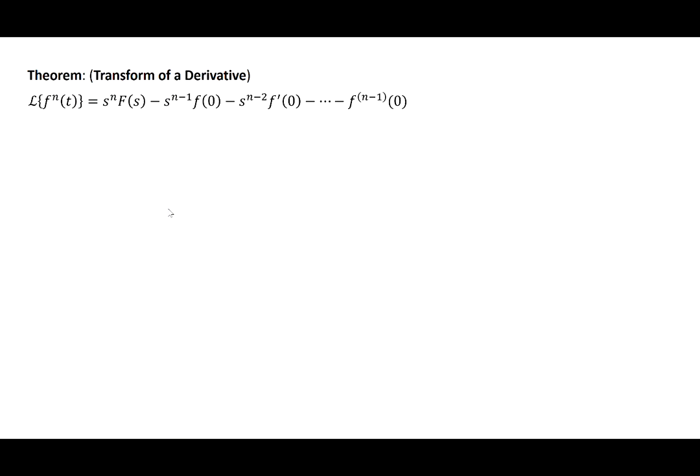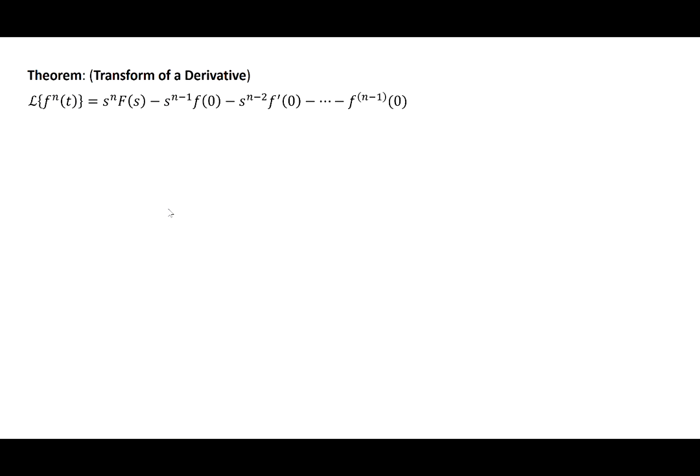Similarly, there's an f prime of 0, the first derivative evaluated at t equal to 0, and so on. And the very last term is minus f to the n minus 1 of 0, the n minus 1 derivative of f evaluated at t equal to 0. That's the last term.